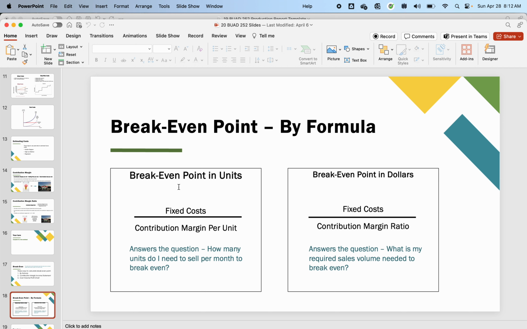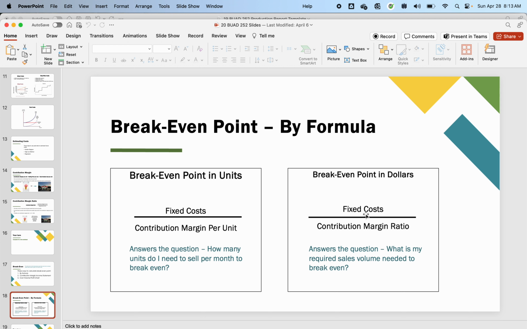So our break-even point in terms of units, we use our contribution margin per unit. We basically divide our fixed costs by our contribution margin per unit. So say with Shivers, our fixed costs are $30,000 a month divided by our $2 per ice cream cone, and we would say that we have to sell 60,000 ice cream cones in order to break even.